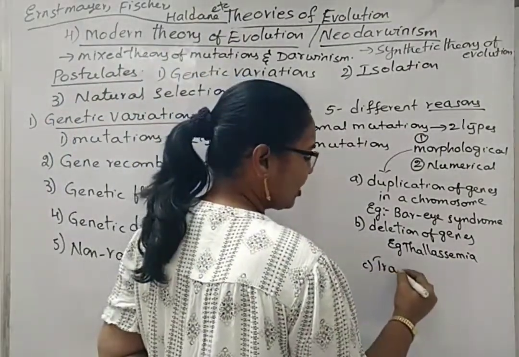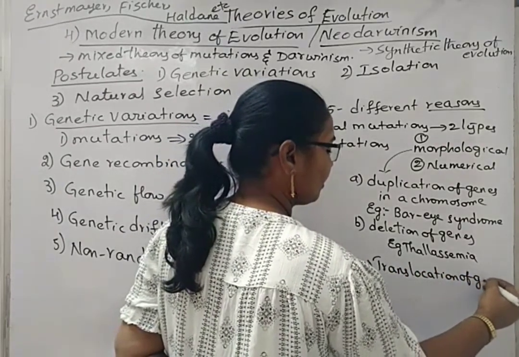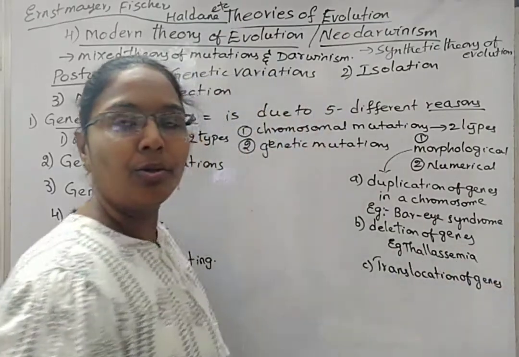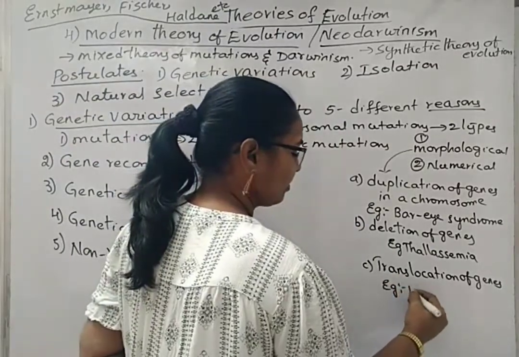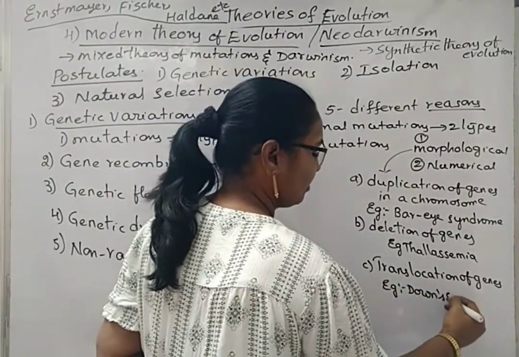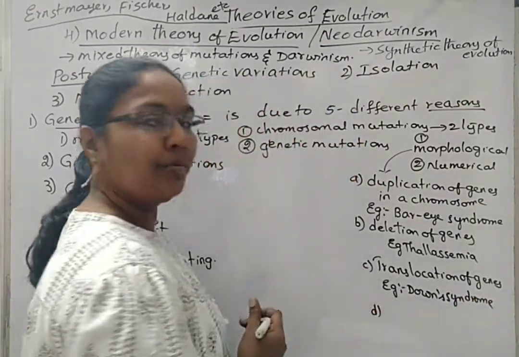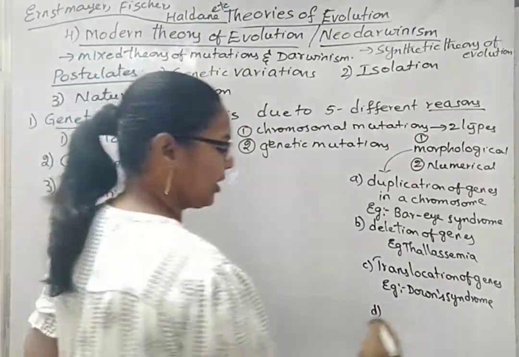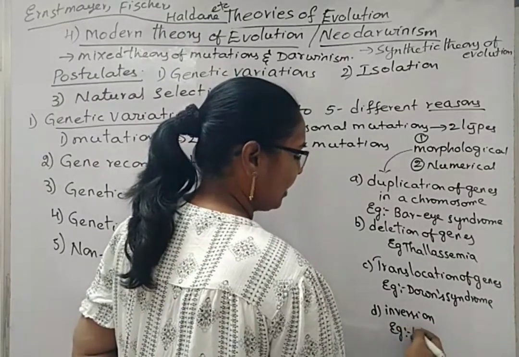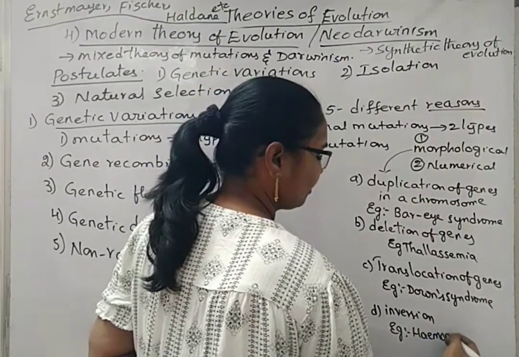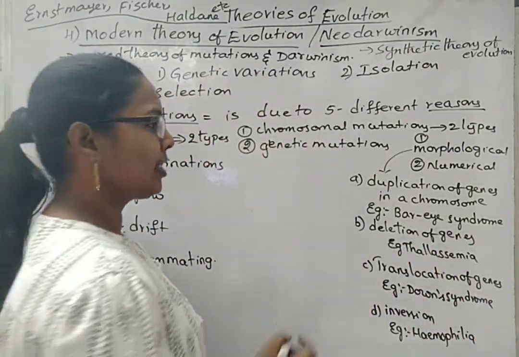Next, translocation of genes. Here the best known example is Down's syndrome. Another one is inversion type of chromosomal mutation. Here we can take hemophilia as the example. So these are a few examples of morphological mutations.